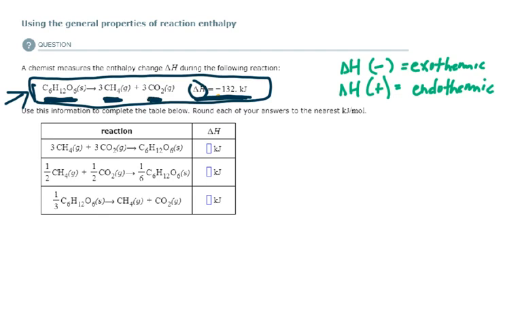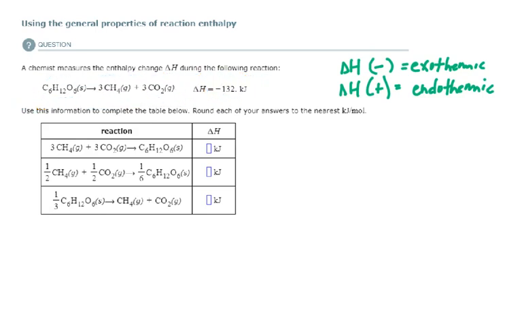So from this information, this enthalpy change tells me the heat change per mole of the reaction as it is written with these stoichiometric coefficients. As you've already guessed, for these problems, it's extremely important to make sure that the chemical equation is balanced.